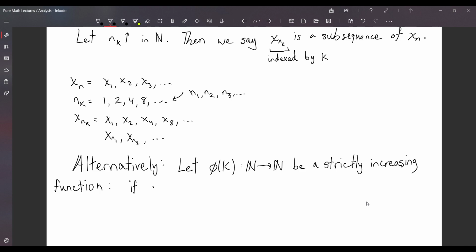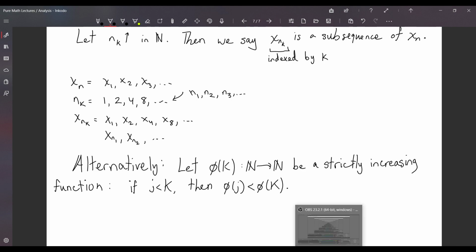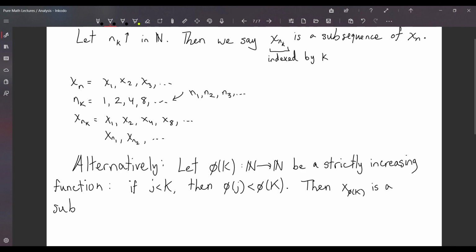So if j is less than k, then phi of j is less than phi of k. Then x sub phi of k is a subsequence of x sub k, right?